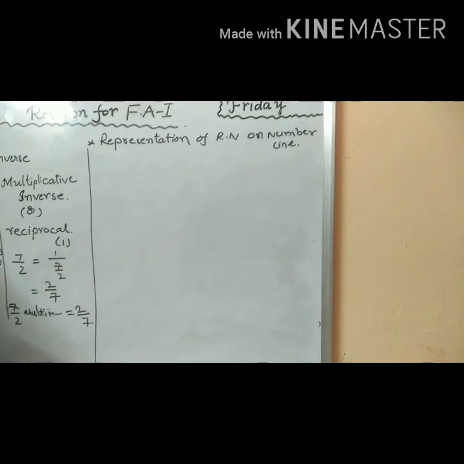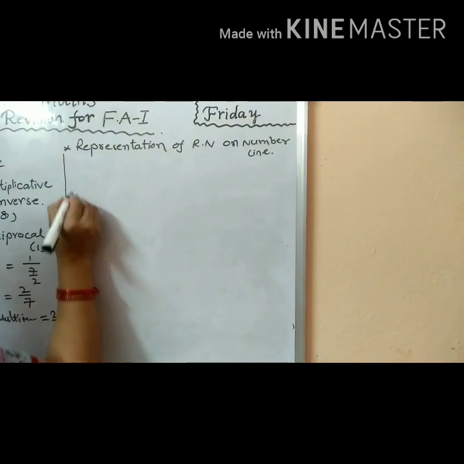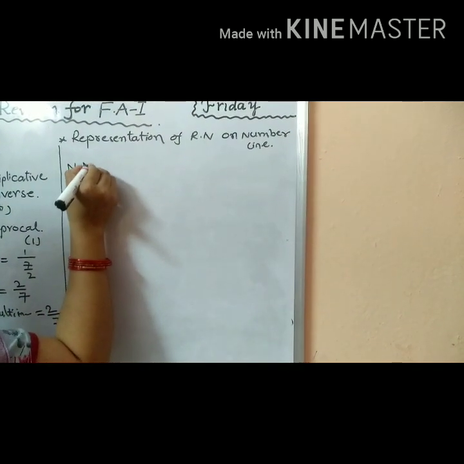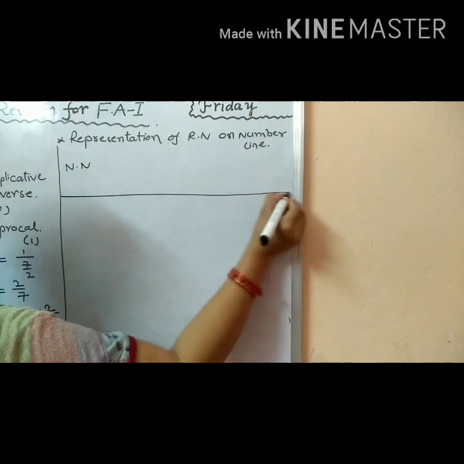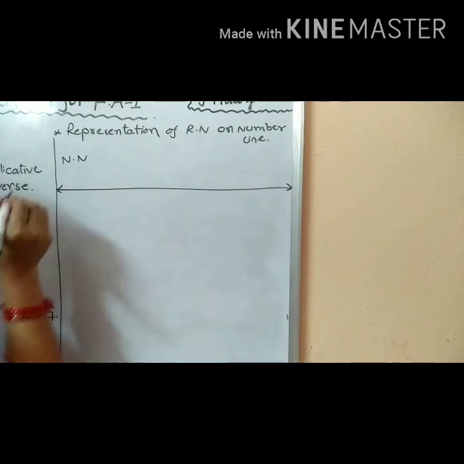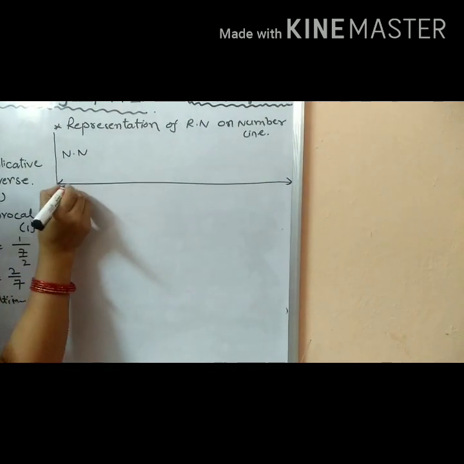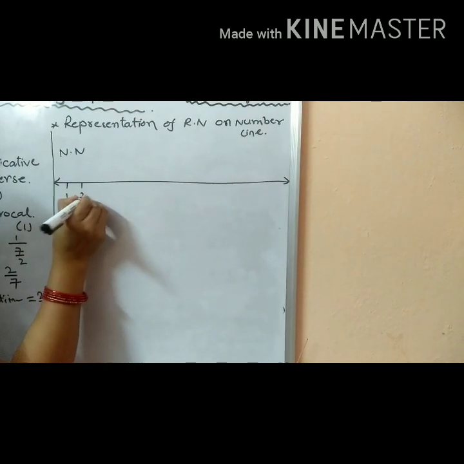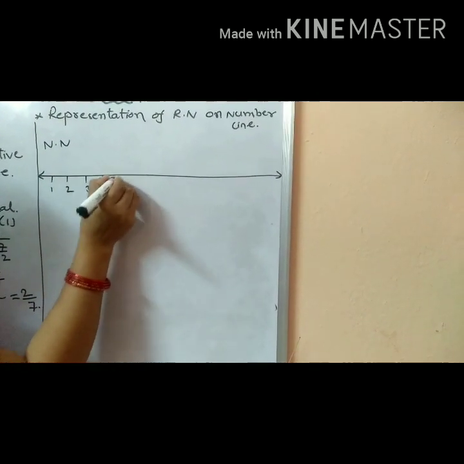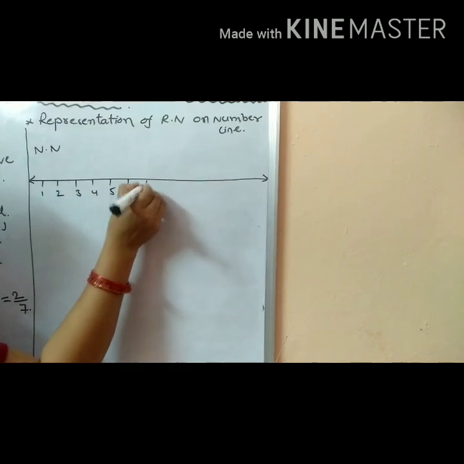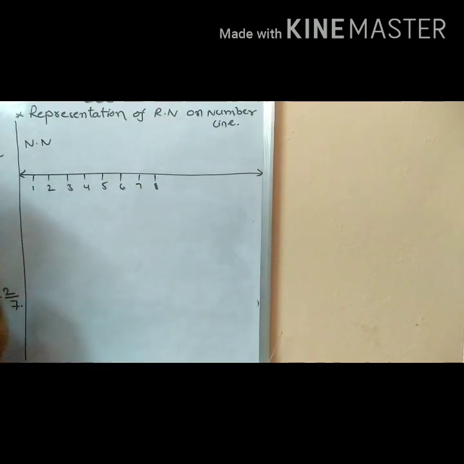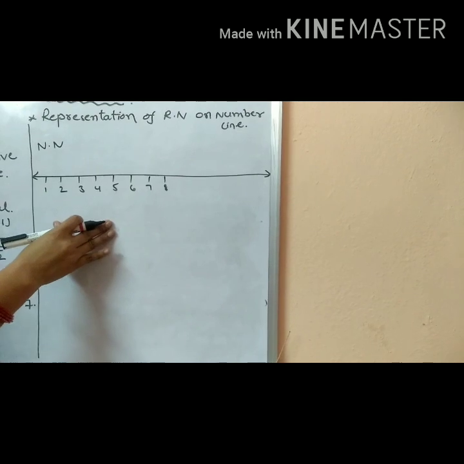So in this case, first is natural numbers on the number line. They start with the numbers 1, 2, 3, 4, 5, 6, 7, 8 and so on. So it is the number line of natural numbers.